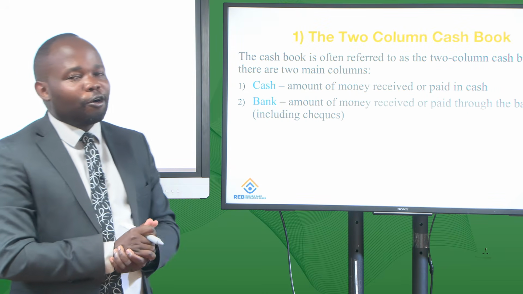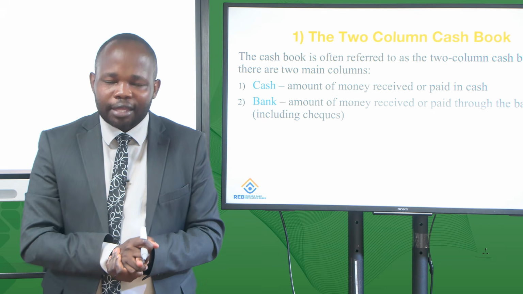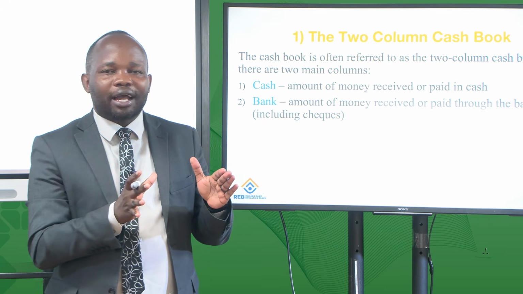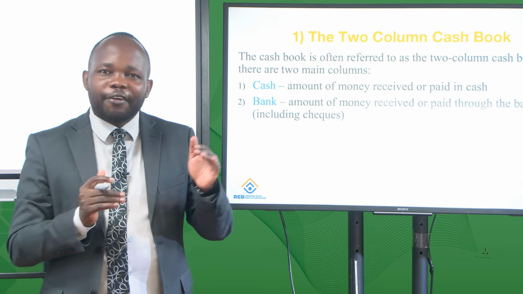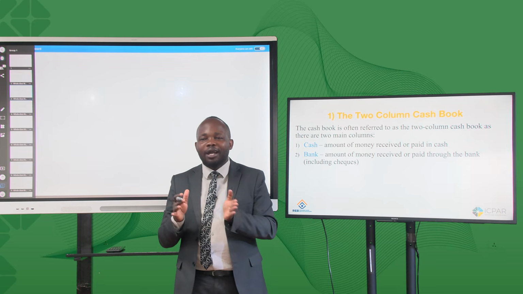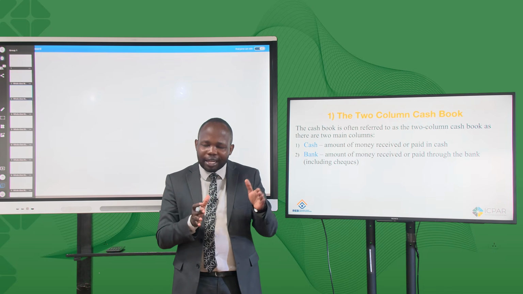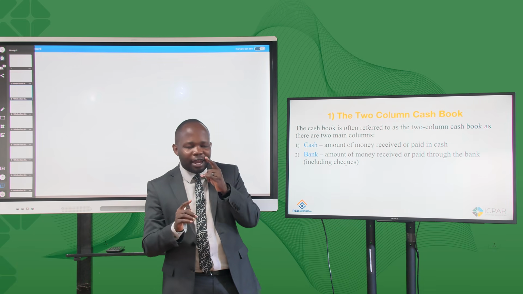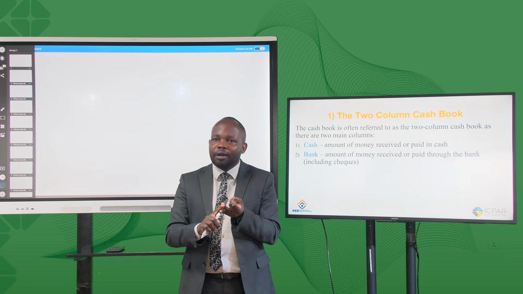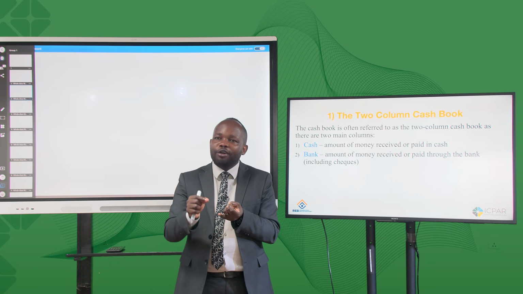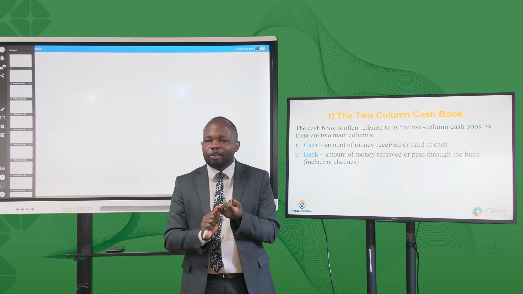So to start us off, there are 2 major types of cash books. There is what we call a 2-column cash book and a 3-column cash book. All the cash books, whether 2-column or 3-column, have what we call a cash section and a bank section. In the cash section, we record receipts of money through cash and payments of money through cash.